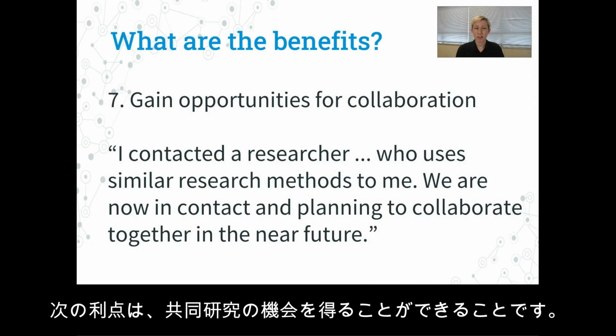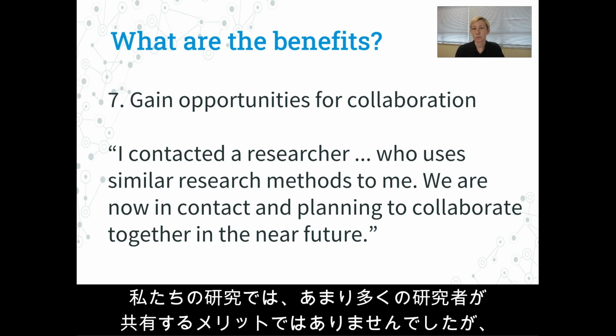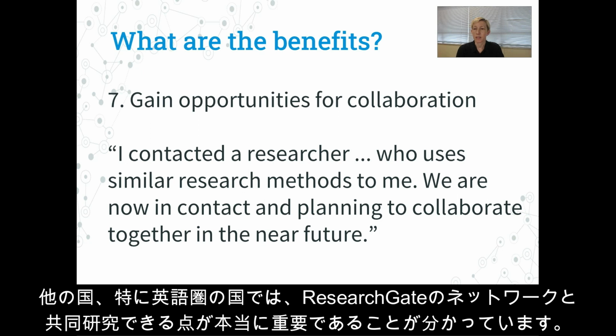So our next benefit is about gaining opportunities for collaboration. In our study, this was not a benefit that was shared by too many researchers, but we know that in other countries, and particularly English-speaking countries, the networking and collaboration part of ResearchGate is what is really important.